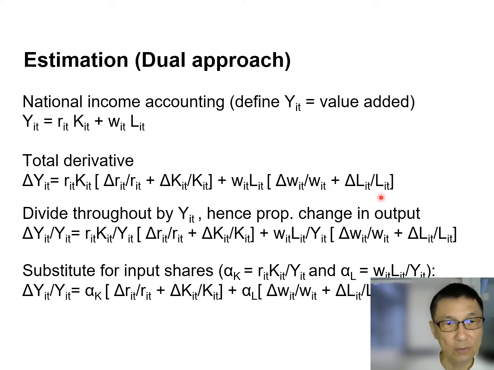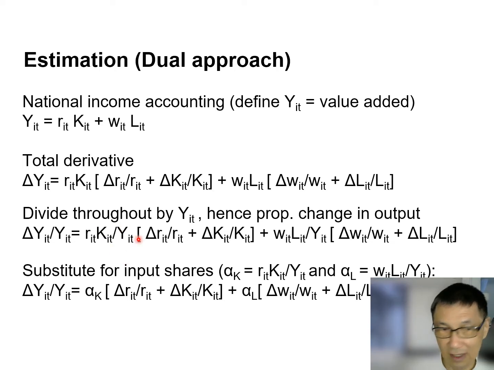The next step towards the estimation is to divide this entire equation throughout by output or value added, Y subscript IT. So on the left-hand side, we have delta Y divided by Y, which is the proportionate change in output. And next, we divide R subscript IT, K subscript IT by Y subscript IT.